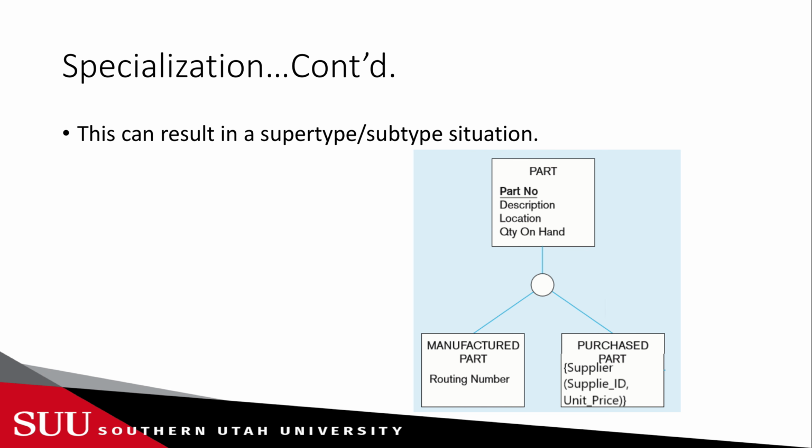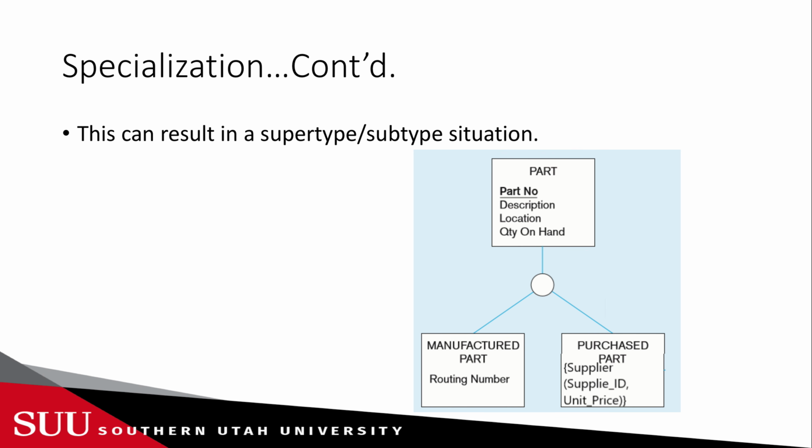Now, you'll have some cases that will require specialization to move to a subtype-supertype relationship, and some cases where you will use generalization, and that totally depends on the problem you have in hand.